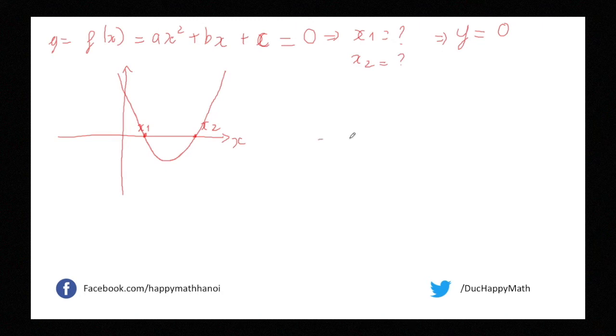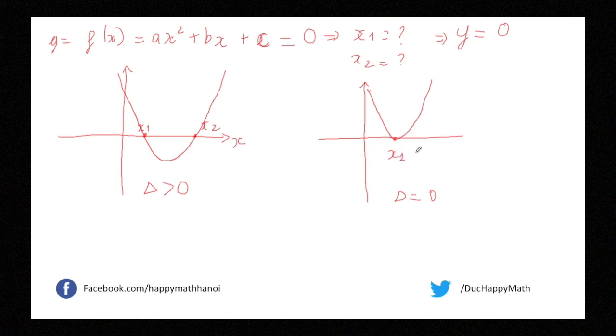So in this case, remember the condition is that delta has to be greater than 0. When delta equals 0, the quadratic equation has only one solution, one repeated solution, so the parabola has only one x-intercept.